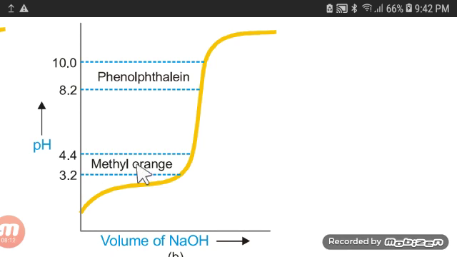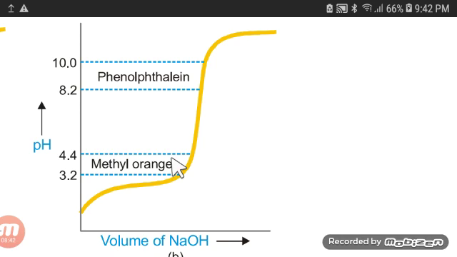The main point for the weak acid and strong base is that the pH range of the titration curve is from 6 to 11, and the methyl orange range is not on the vertical equivalence portion. Methyl orange's pH range is from 3.2 to 4.4, and phenolphthalein's is from 8.2 to 10.